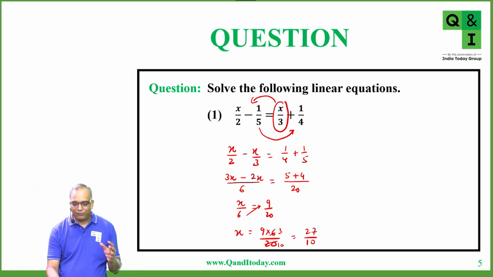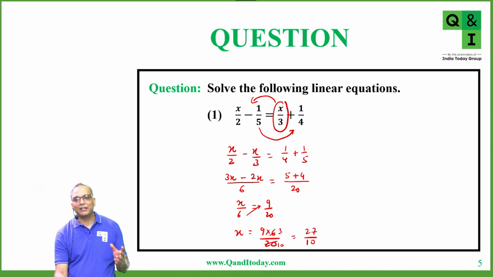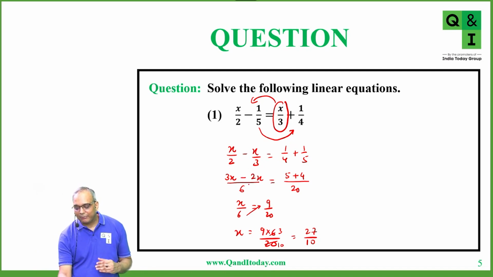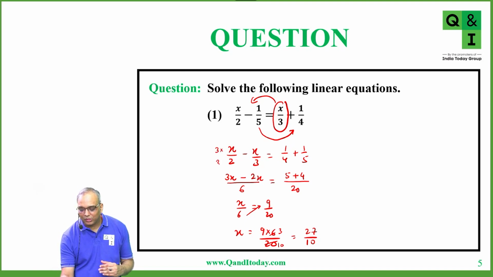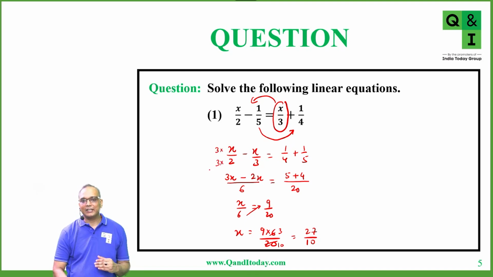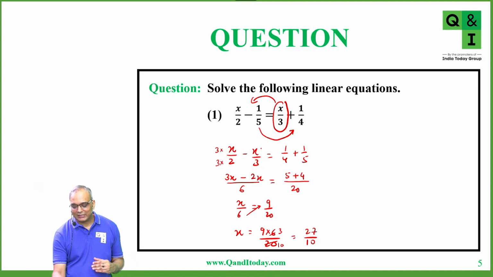We will have to find the LCM so that we convert them to like denominators. So the LCM of 2 and 3 is 6. So what we do, if we multiply both numerator and denominator by 3 here, we get 3x over 6. And because in the second one the denominator is 3, we multiplied both terms by 2, we'll get minus 2x by 6.